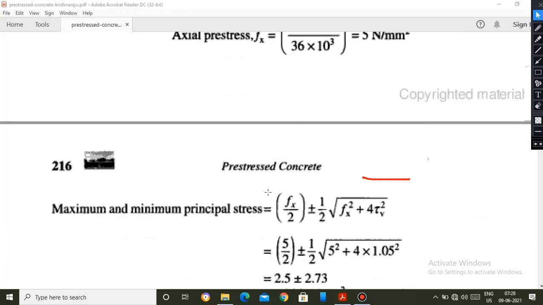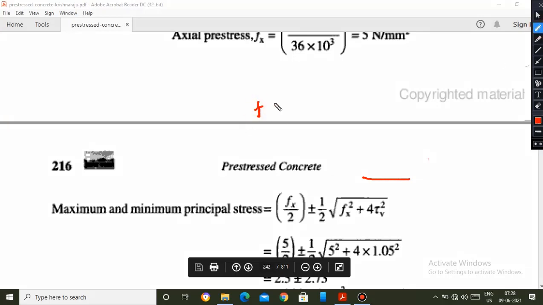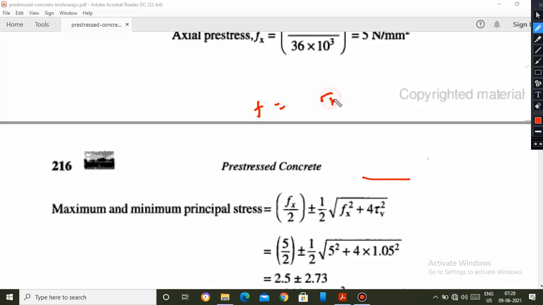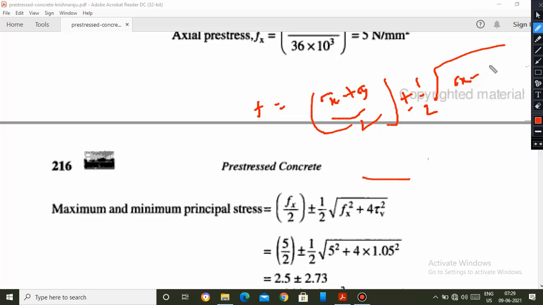Next we have to calculate the maximum and minimum principal stresses, and for that we have the formula: f equal to (sigma x plus sigma y) divided by 2, plus or minus 1 by 2 into square root of (sigma x minus sigma y) whole square plus 4 tau v square.